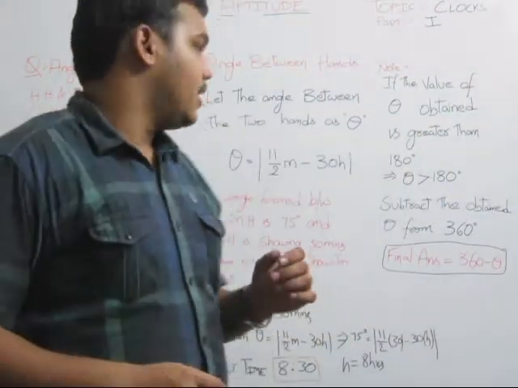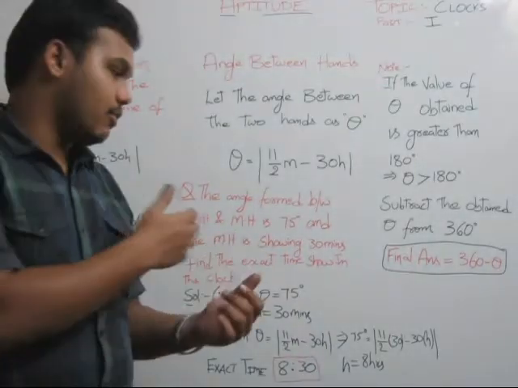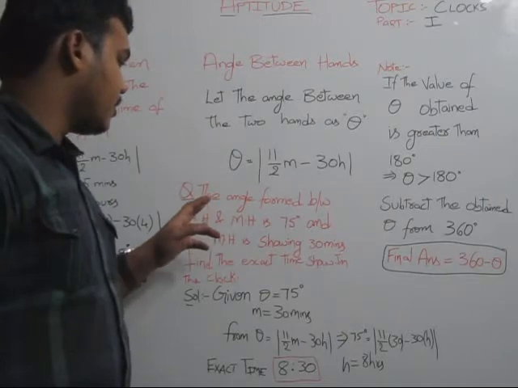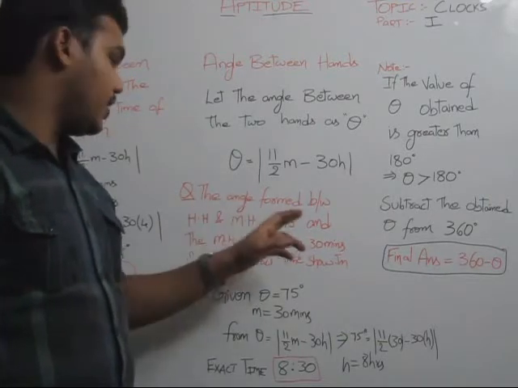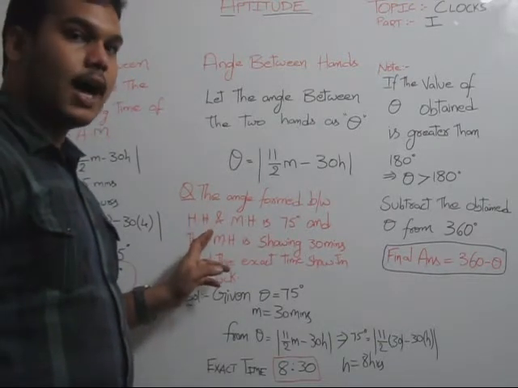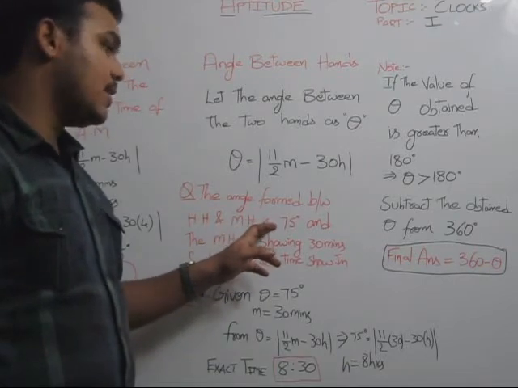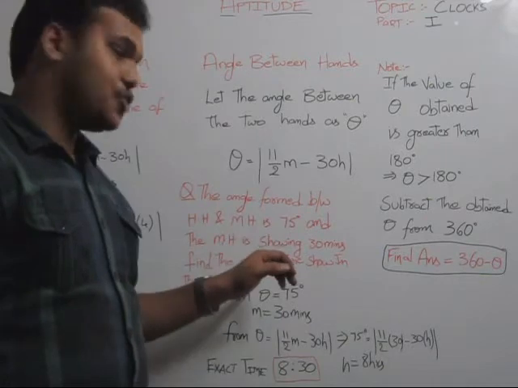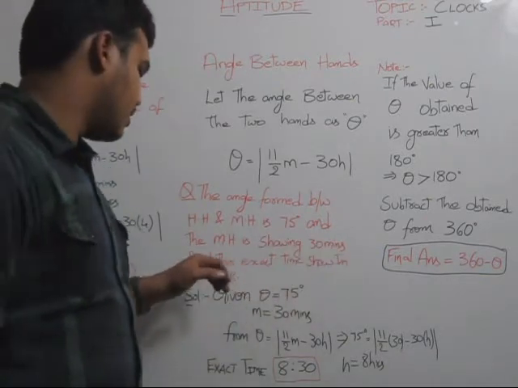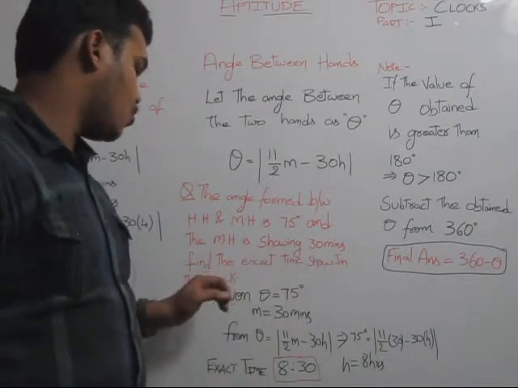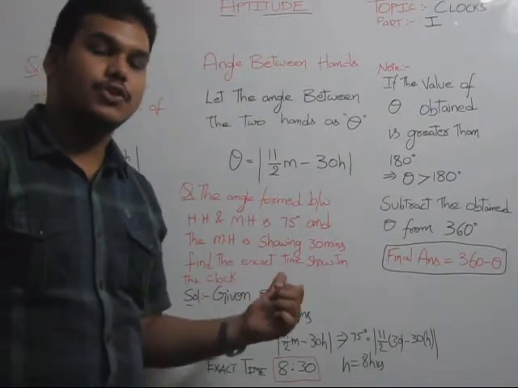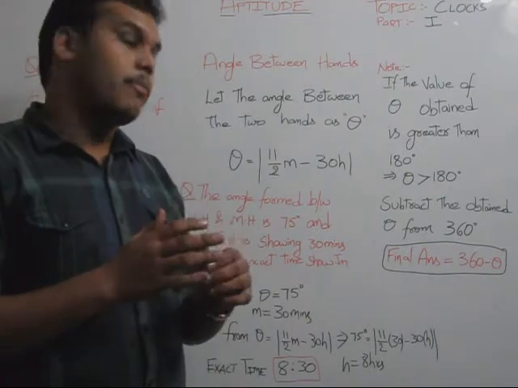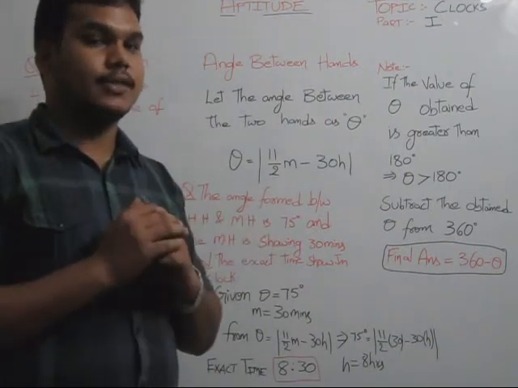Now let us see another model of asking a question. The second question goes like this: the angle formed between the two hands, that is the hour hand and the minute hand, is 75 degrees and the minute hand is showing 30 minutes. Find the exact time shown in the clock. In this question we are asked to find the time shown by the clock by being given the angle between the two hands.